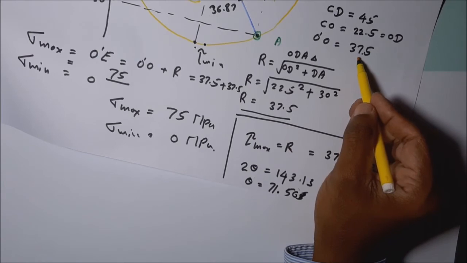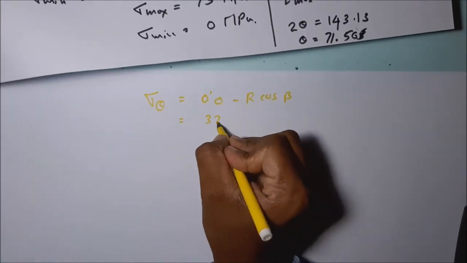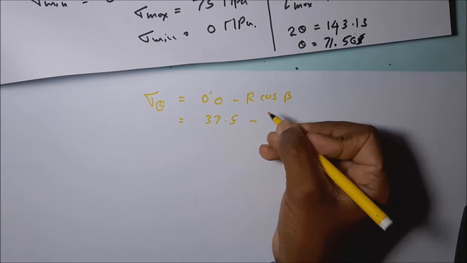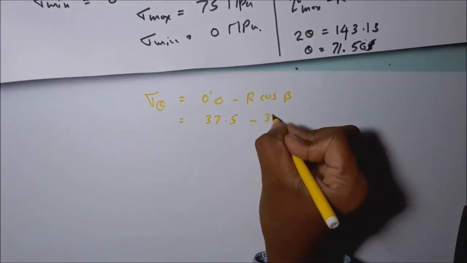We have found O dash O is equal to 37.5, and r is again 37.5.